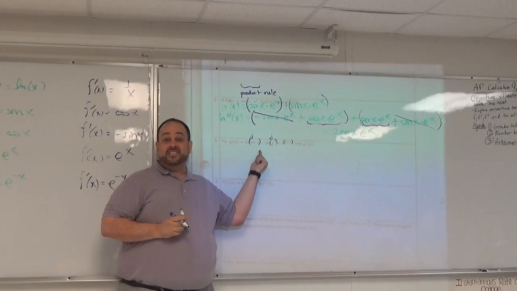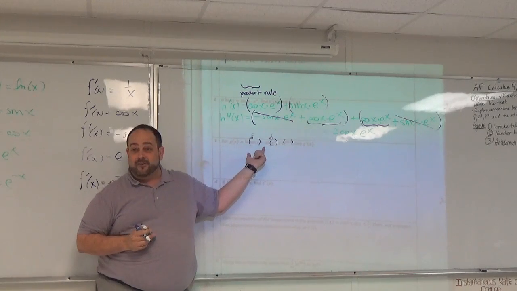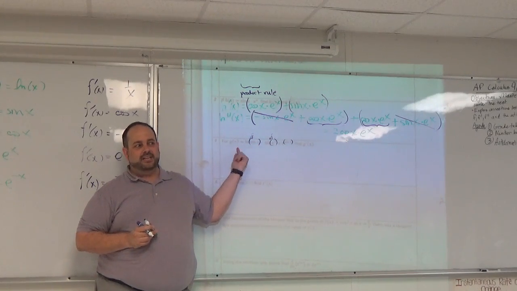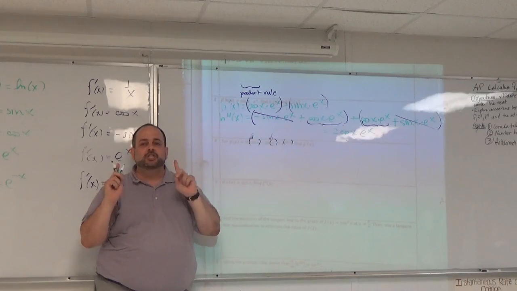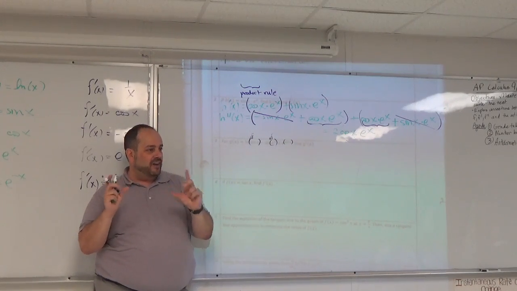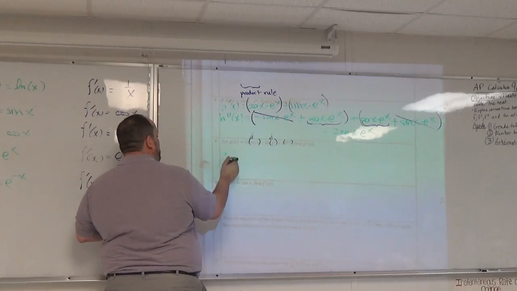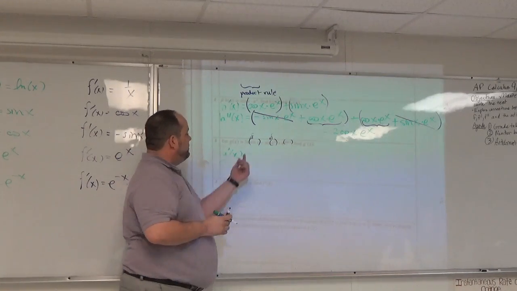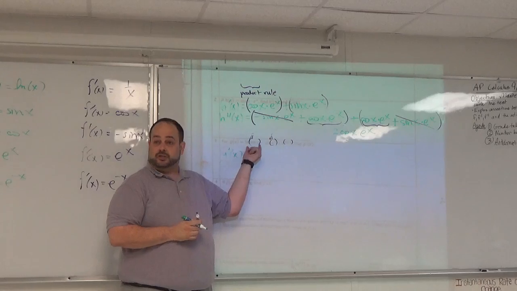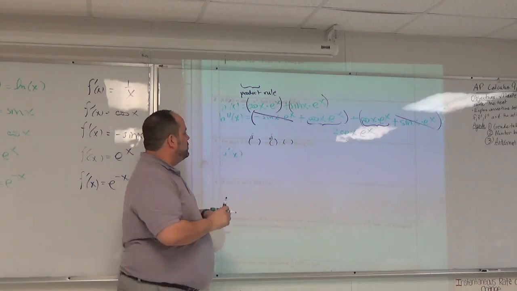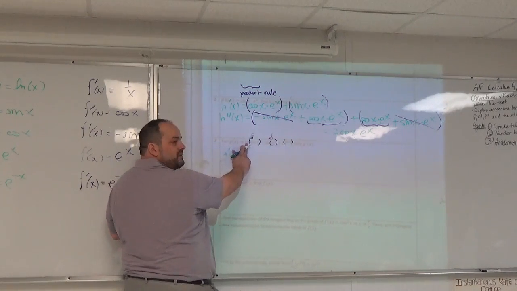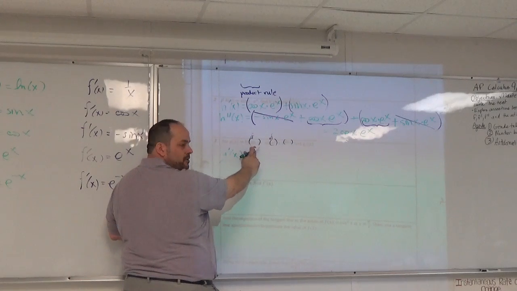Natural log of sine of x, guess what derivative rule I'm thinking about right now? Chain rule. That word "of" is a giveaway. Whenever you see "of", you have a composition of functions. And the derivative rule tells me, take the derivative of the mama, leave her baby alone.